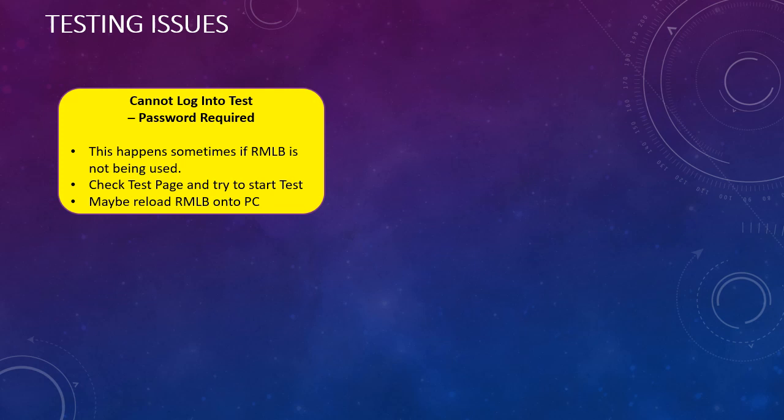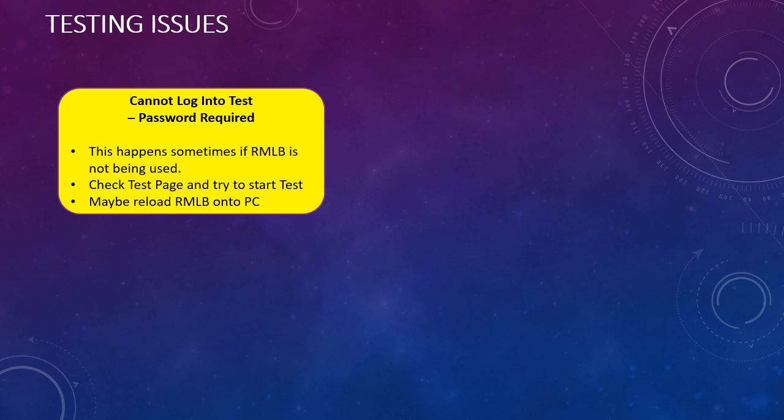If you have any testing issues, for example, maybe you cannot log into the test and you might see something that says password required. There are no passwords on any of the tests. Sometimes this happens if your Respondus Monitor lockdown browser is not being used or it's not updated correctly.